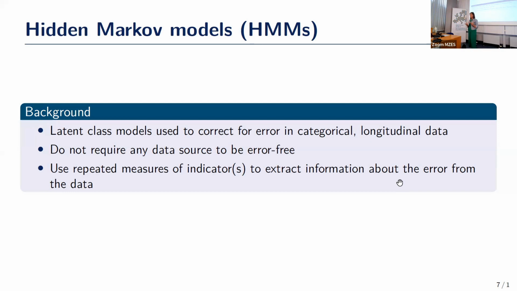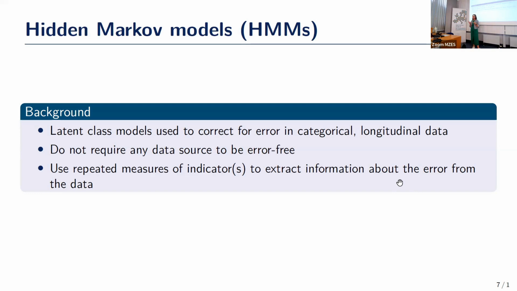Why they're quite attractive is that they don't require the data source to be error-free. Traditionally, if we have a survey and we suspect there's measurement error there, we use registered data to benchmark this survey against, assuming that the registered data is error-free. What I showed in my research is that this is a rather flawed assumption.